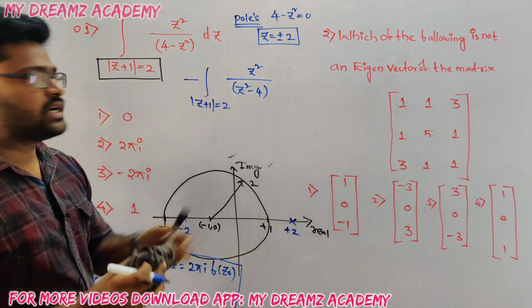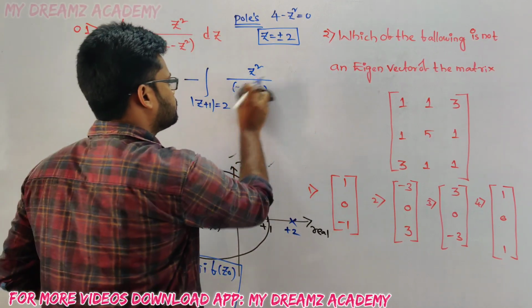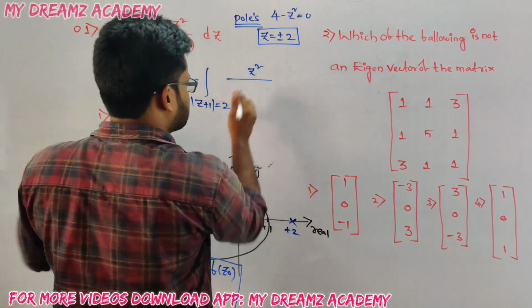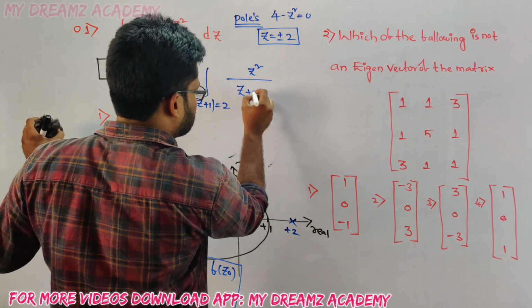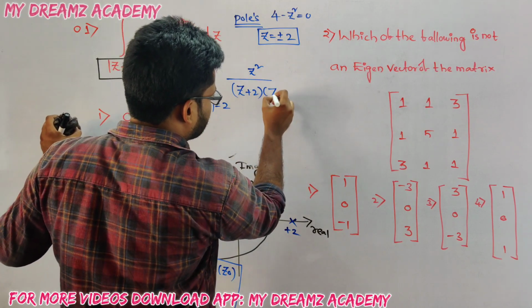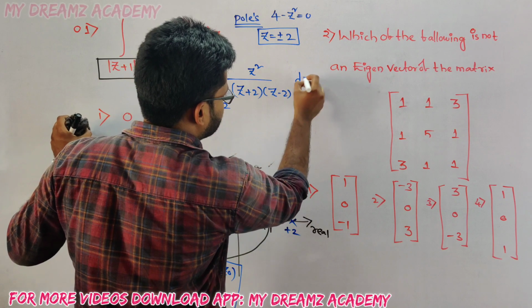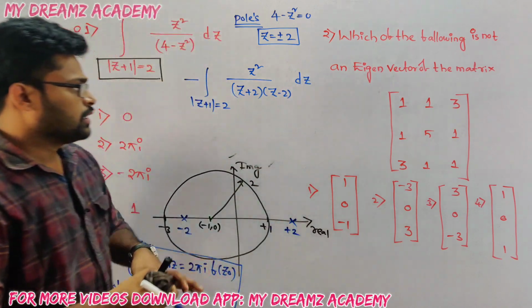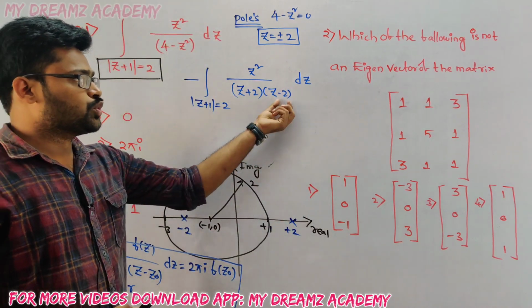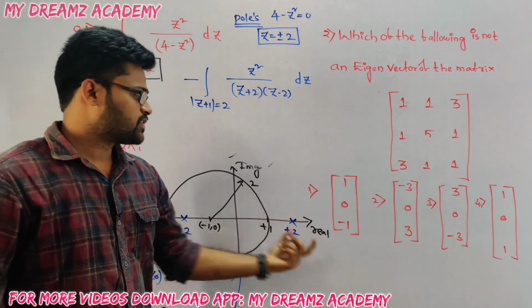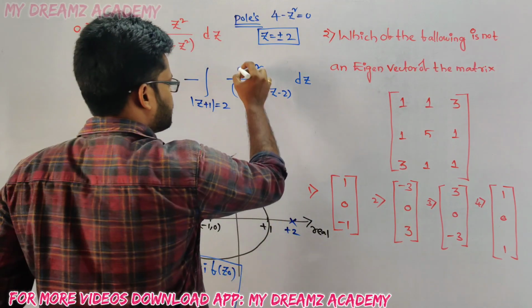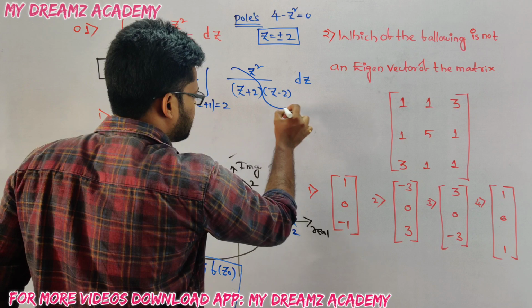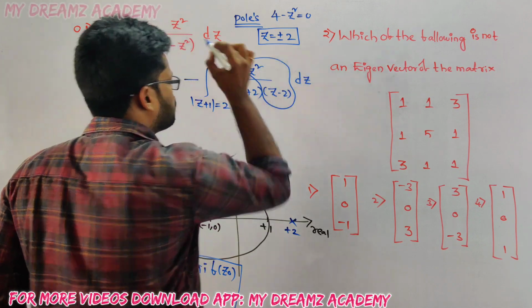I can write z square minus 4 as z plus 2 into z minus 2, dz. z equals 2 is outside the circle, so we should not take this as a pole.